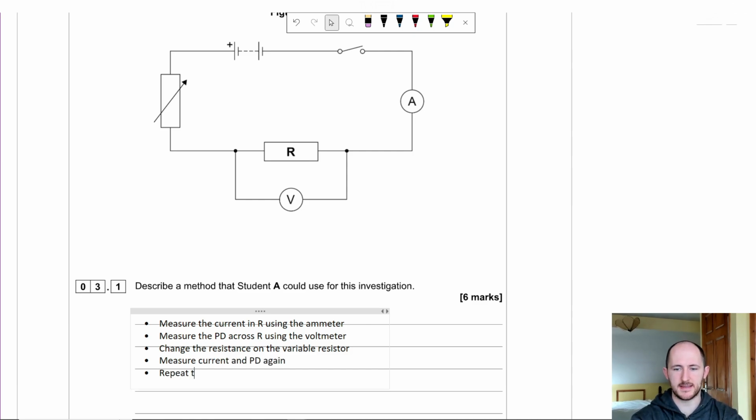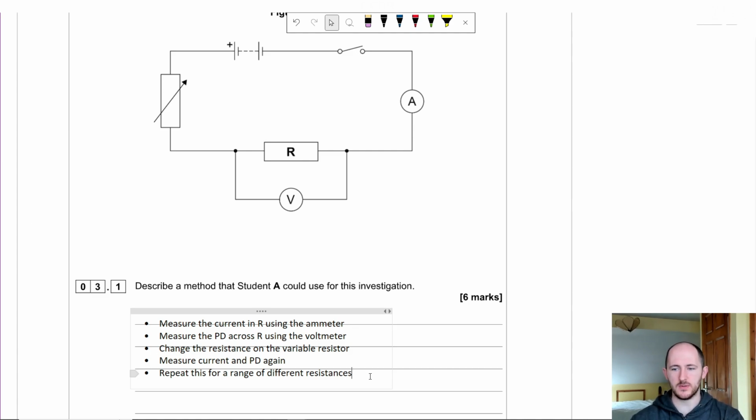You're going to repeat this for a range of different resistances. That's kind of the core aspect. So how are you going to get your data? Well, you take the initial data, so as soon as you turn it on, what's the voltage, what's the current? Then you change resistance, what's the voltage, what's the current? Change resistance, what's the voltage, what's the current? And you repeat this again and again and again.